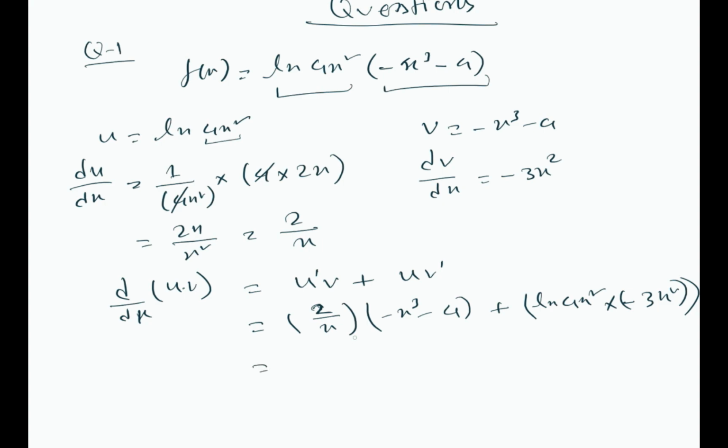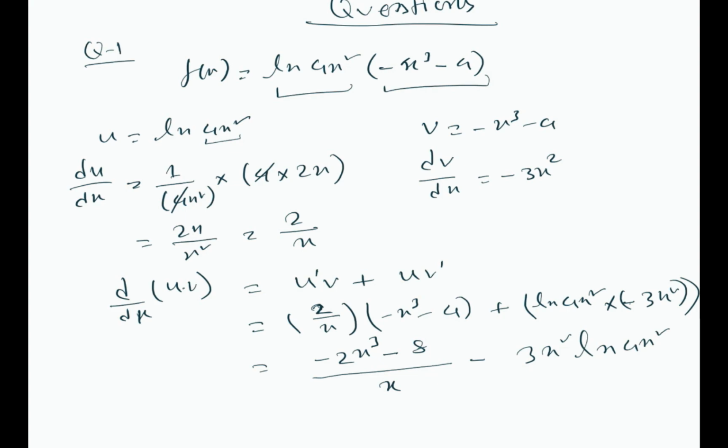Then we can write minus 2x cubed minus 4 times 2, which is 8, over x plus, and this minus times plus is minus, so minus 3x squared ln of 4x squared.